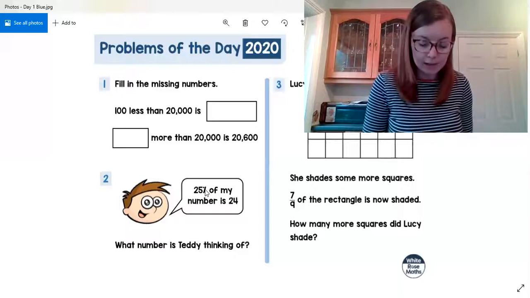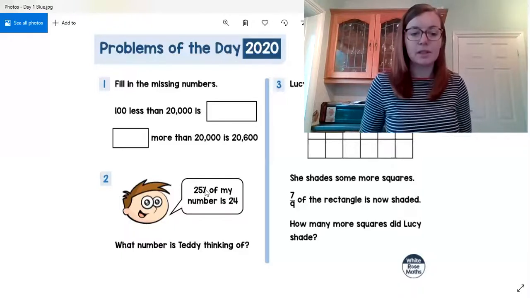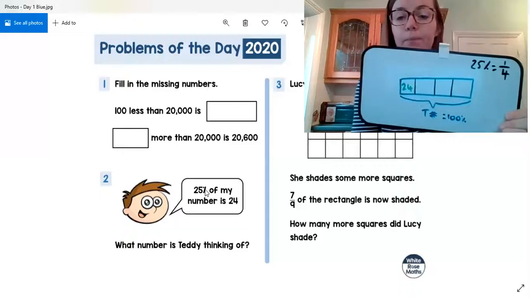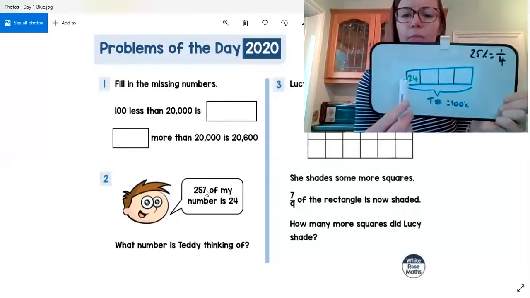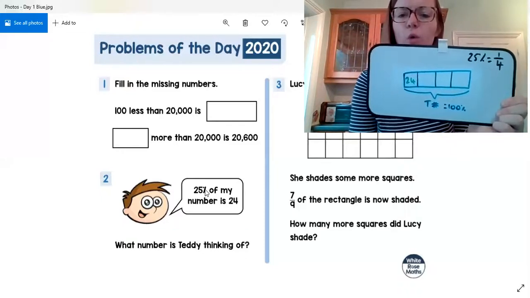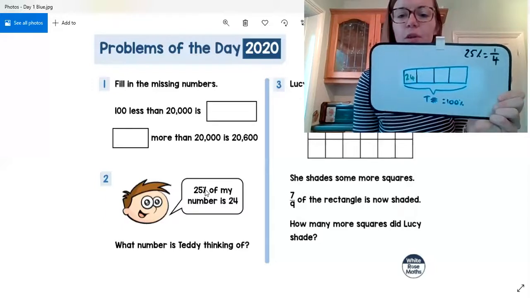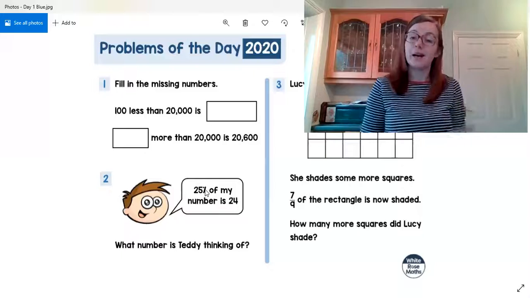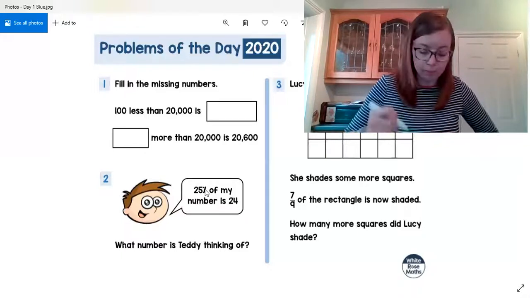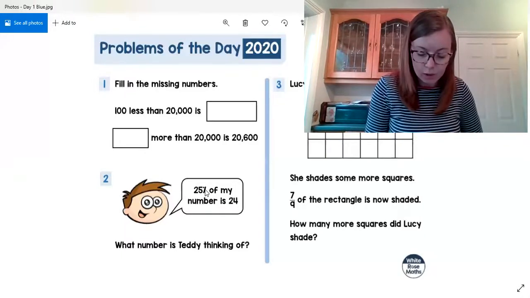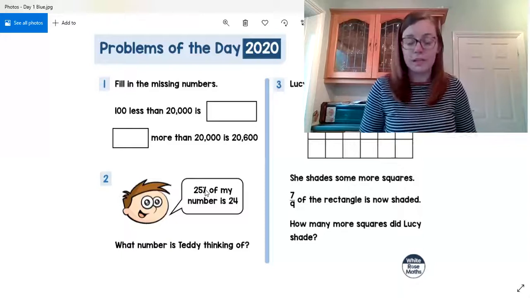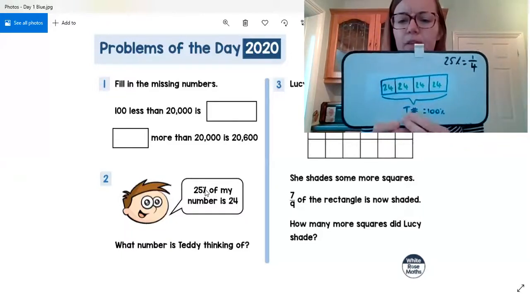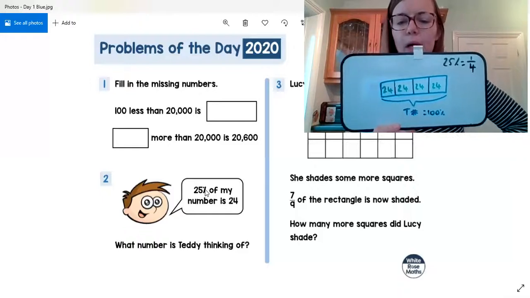I can label that 24 because Teddy has told me 25% of his number is 24. Now, if I know that this box is 24, I also know that this box is 24 and this box is 24 and this box is 24 because they are all the same. They are equal groups. So let me go ahead and fill that out. 24, 24, 24.